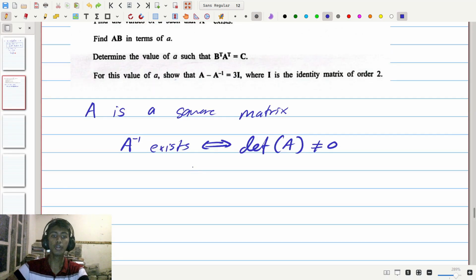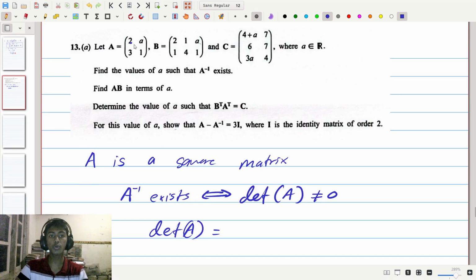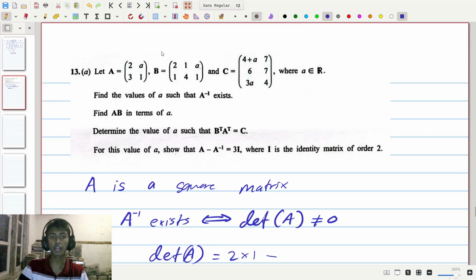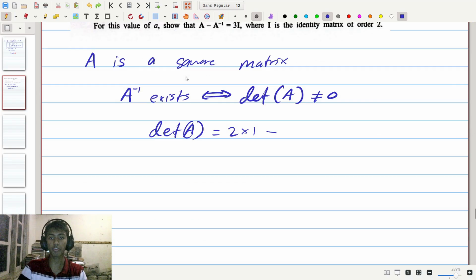So therefore, for this particular matrix, det A is equal to 2 times 1, minus the other product, which is a times 3. So I'm going to write 3 times a. So therefore, the determinant of the matrix A is equal to 2 minus 3a.